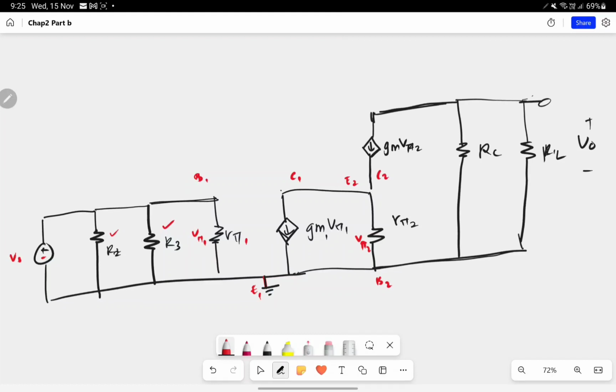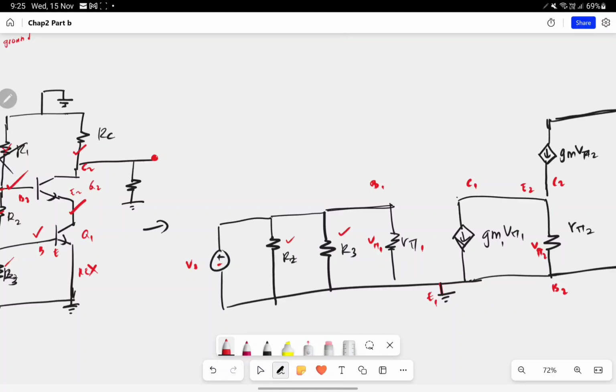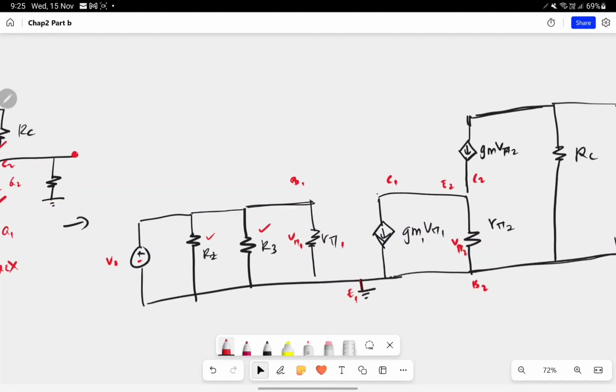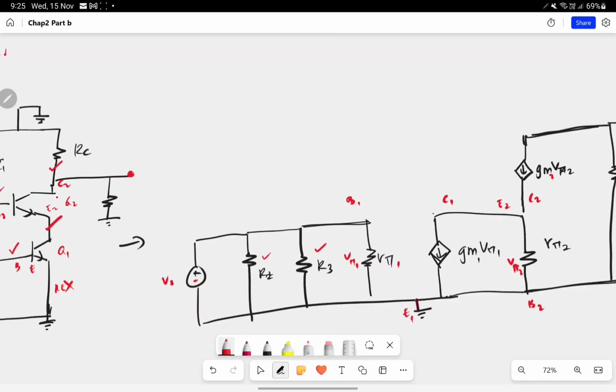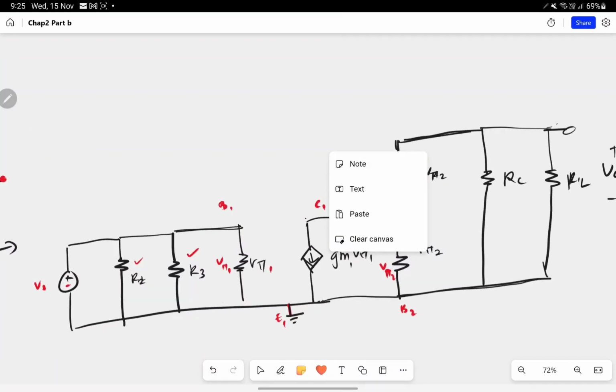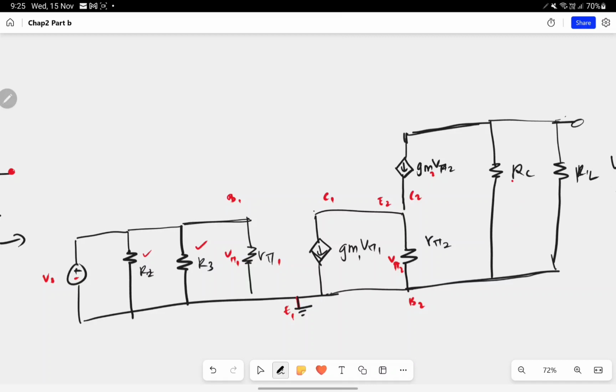So in between collector to emitter 2 we have a current. We name it GM2 V pi 2. Right, so GM2 V pi 2, there's a current between collector to emitter 2. Then the leg will be connected to RC, where the RC is connected to the ground.